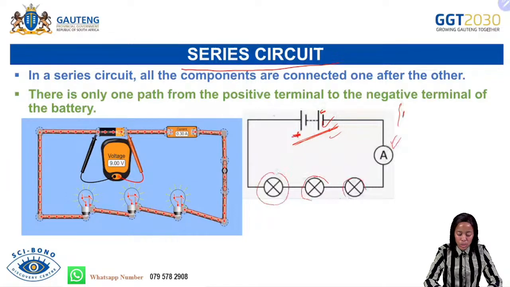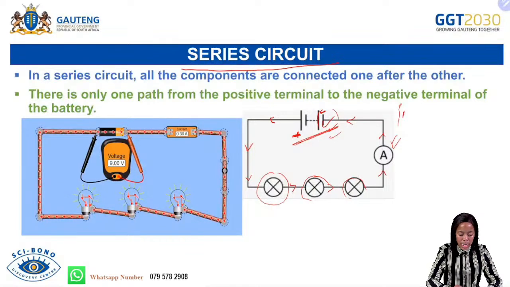So if you draw the movement of the current, it is going to be moving from the left to the right, from the longer line to the shorter line.